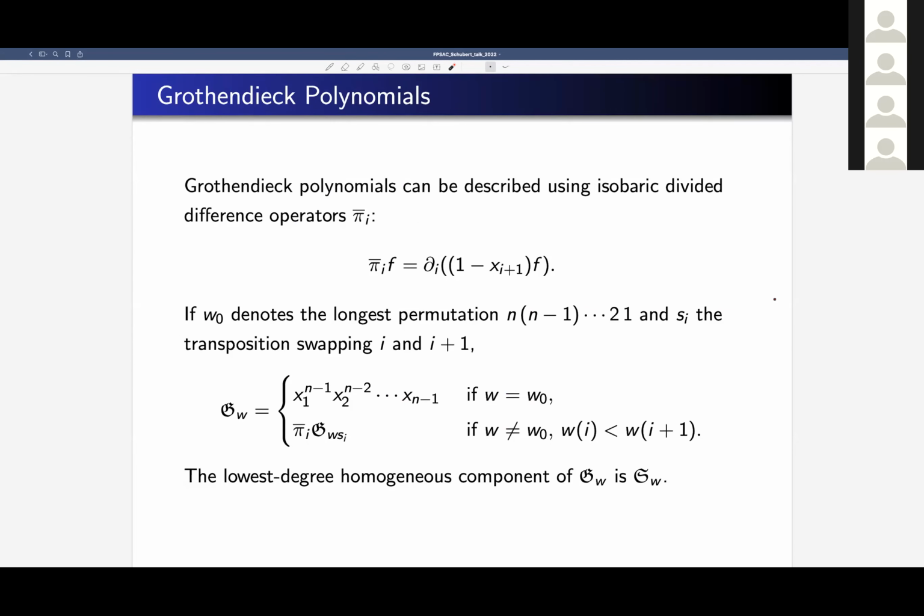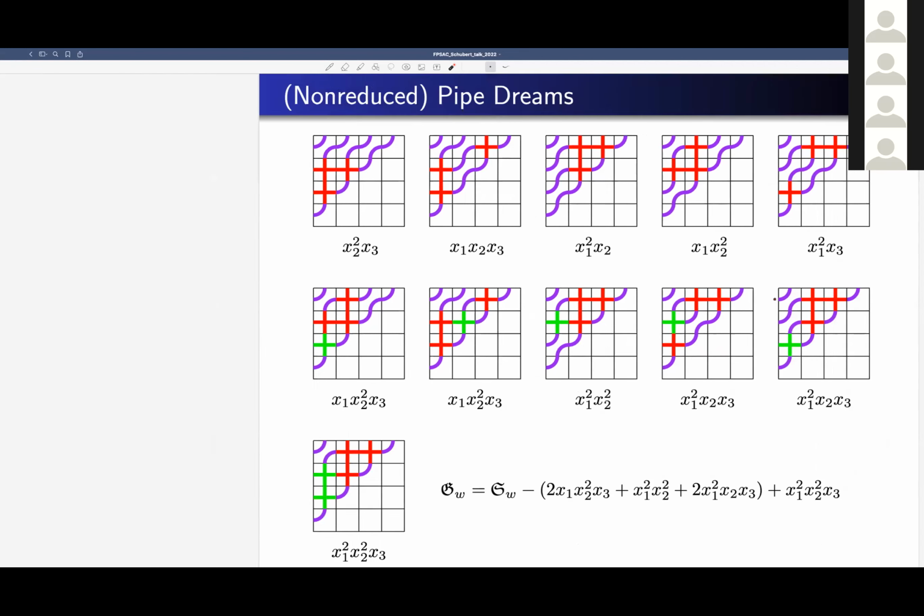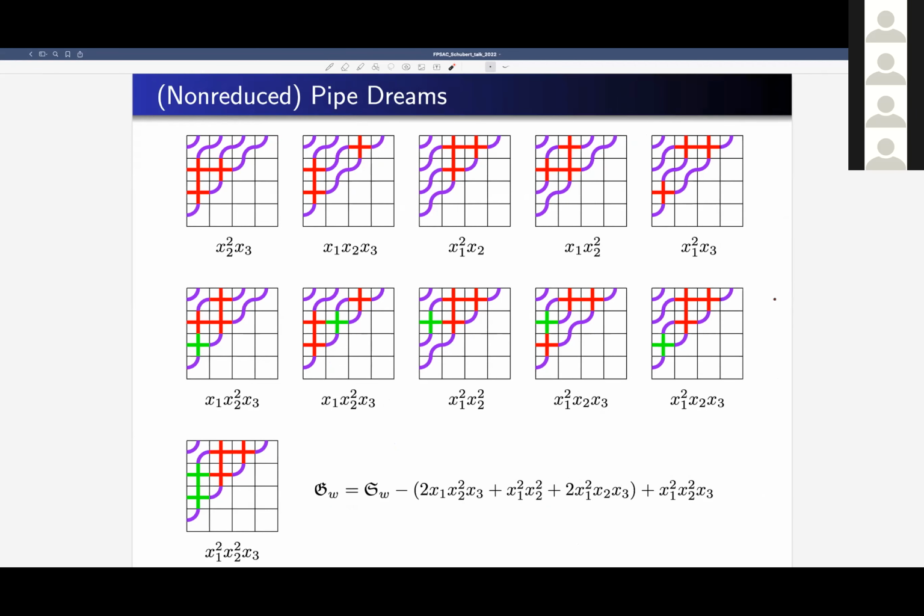Grothendieck polynomials, again, Lascoux and Schützenberger introduced them 40 years ago. It's just a formal definition. We won't worry about it. Rather, we'll think about them in terms of non-reduced pipe dreams. So as I mentioned, you can actually allow your pipes to cross more than once, but then you have to trace the lines a little differently.